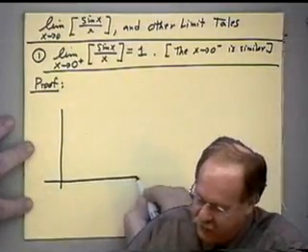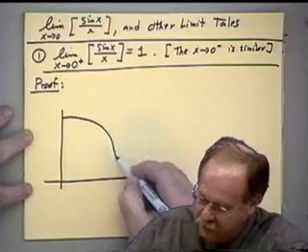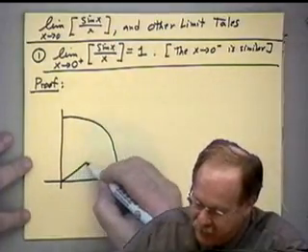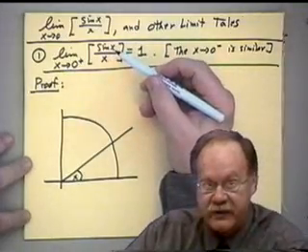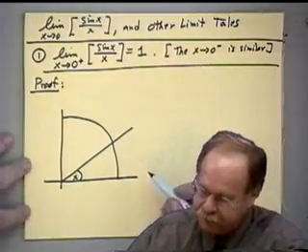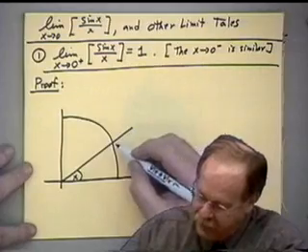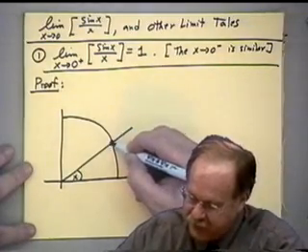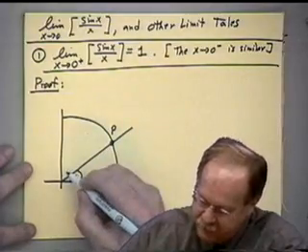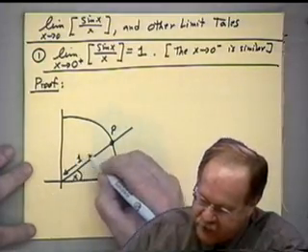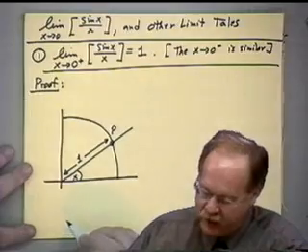So let me draw here a quarter circle, and then we'll have an angle coming out of here. This is the angle x because I'm talking about sine of x. I'm going to think of x as an angle here. Then I want to label a few things. I'll label this point where it strikes the quarter circle as P. I will assume that this circle is a unit circle, so it has a radius of 1.